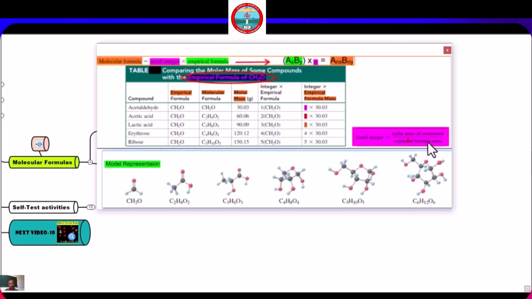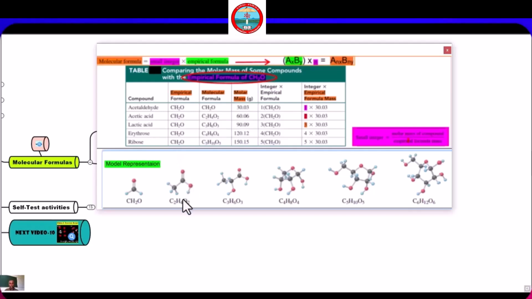Example: our empirical formula is acetaldehyde CH2O, and if the integer for this is 1, the molecular formula becomes this one, and the model representation this. If our small integer is 2, the molecular formula becomes this one, and the model representation like this.